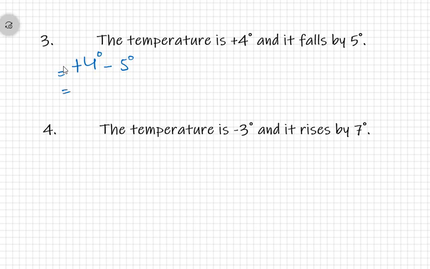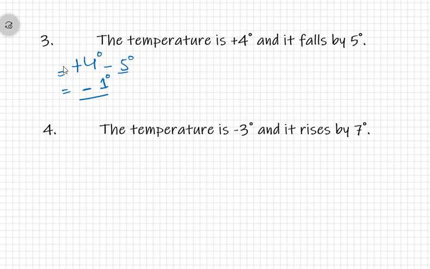So plus 4, which number is greater? 5 is greater, so I am writing here minus. So the sign is minus with the 5. And what is the difference? The difference is 1, so minus 1 degree. This is the new temperature.